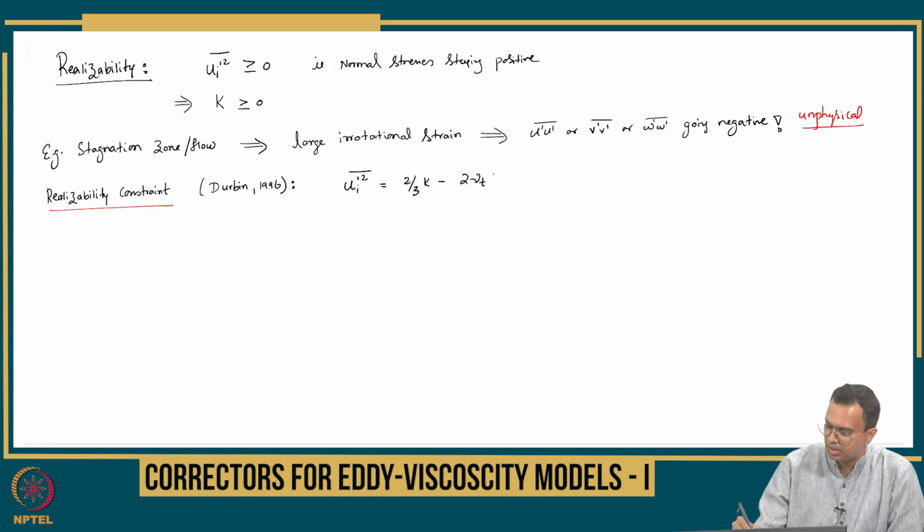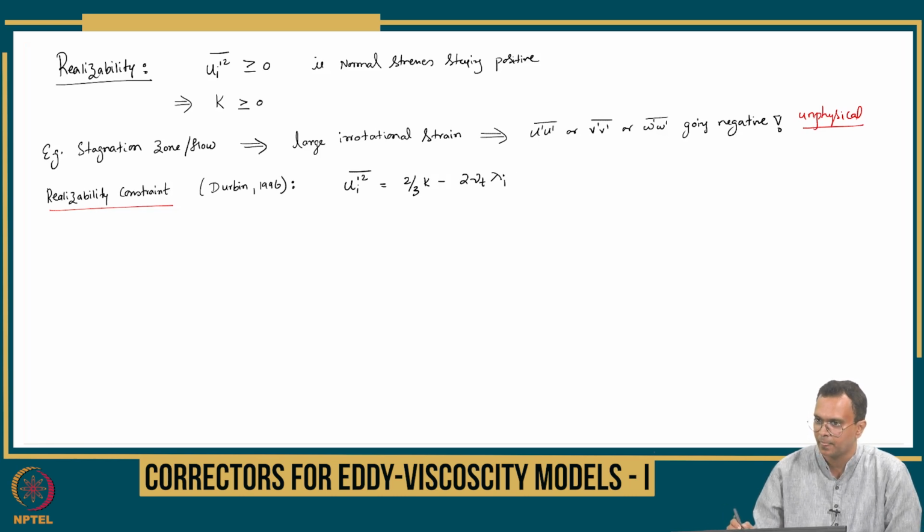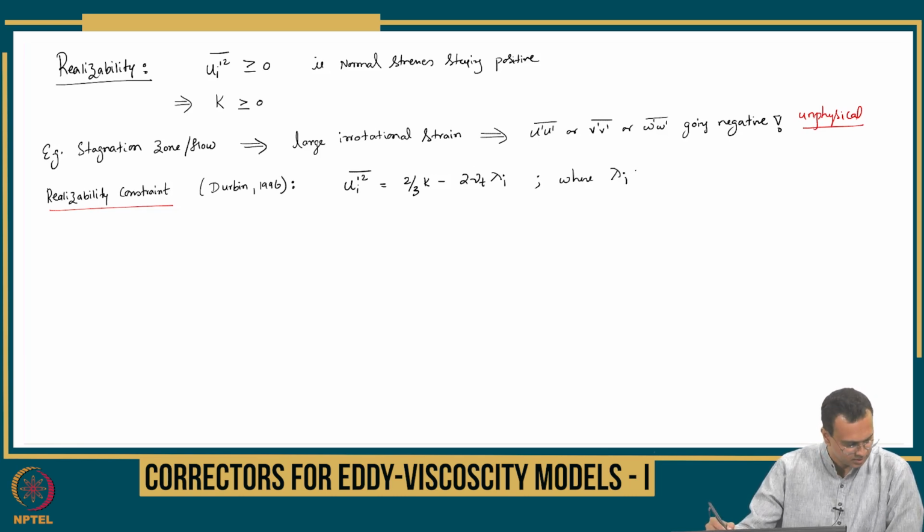Instead of Sij bar, he calls it lambda I here. Earlier it was 2/3 k minus 2 nu t Sij bar, or Sii bar because we contracted the indices. We set i equal to j for normal stresses. Instead of Sii bar, it became lambda I, where this lambda I is set equal to square root of 2/3 Sij bar Sij bar.